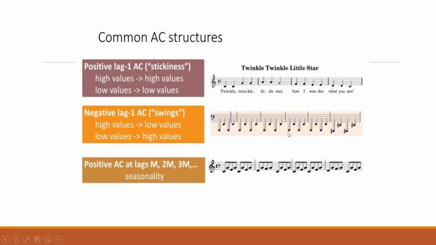Low, high, low, high. So that is negative lag, and these are swings. The positive lags are known as stickiness. It may be possible that the positive lags exist at some particular interval, that is m, 2m, 3m, and that is seasonality in the data. You can see the pattern is getting repeated.